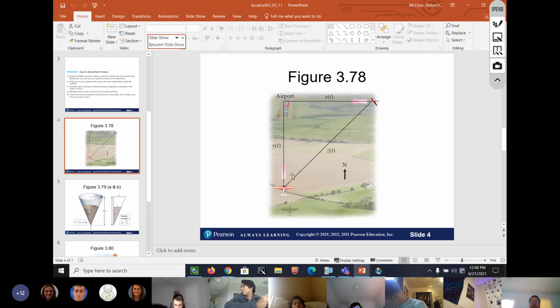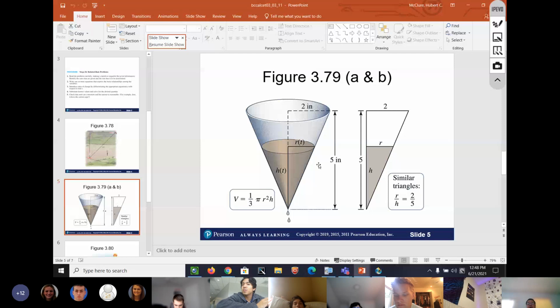They should give you one of these angles, but they don't. But they'll give you one of these angles and you find the distances and the other angle. This right here is a case of similar triangles. 5 is to 2 as h is to r, and you solve for r.